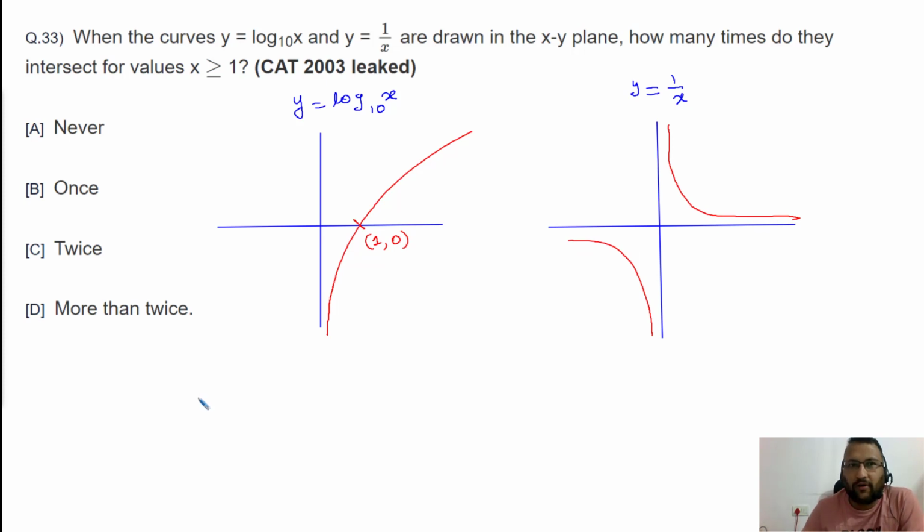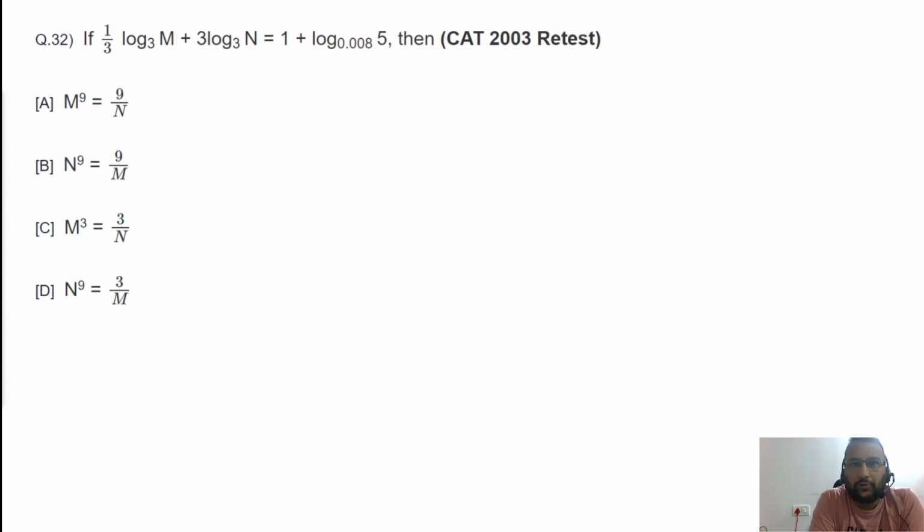So over here, for the values x greater than or equal to 1, in this direction you can see that these two graphs will intersect with each other only at one point.